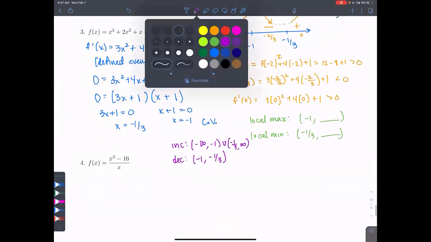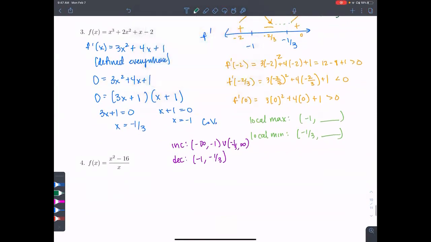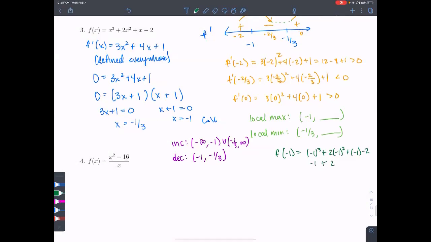And then for these guys, f of -1, plugging that all the way back into the original f. So -1 cubed is -1 plus 2 times 1 squared plus 2 minus 1 minus 2. -2.